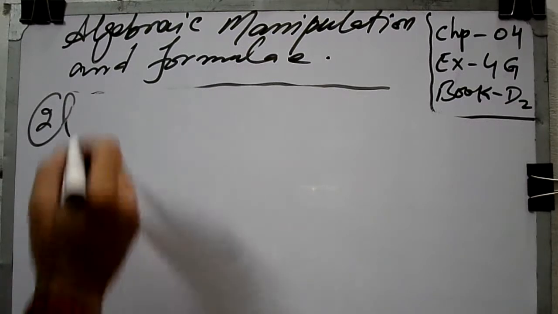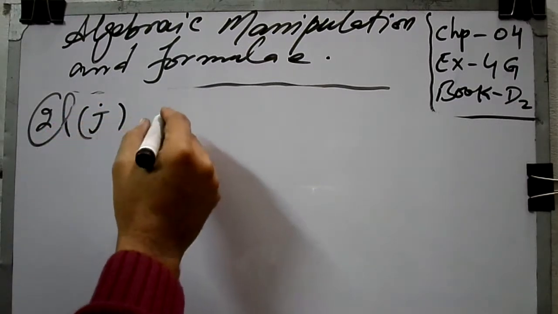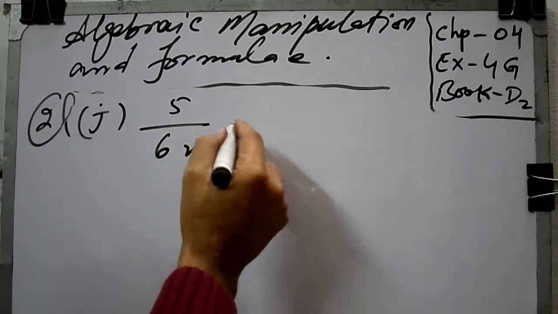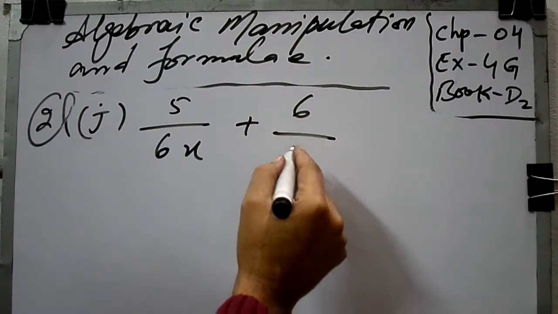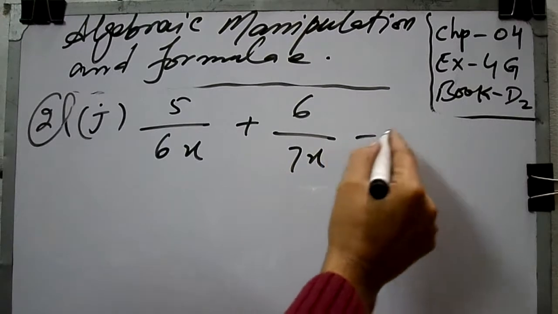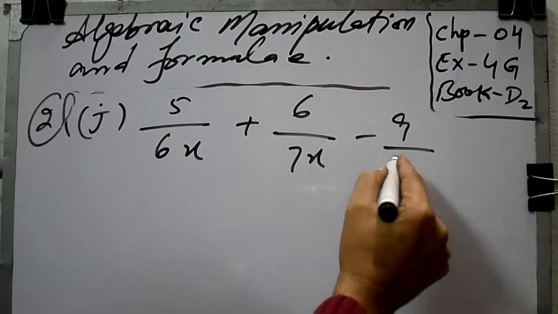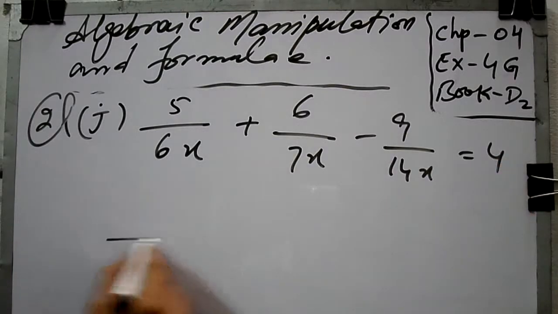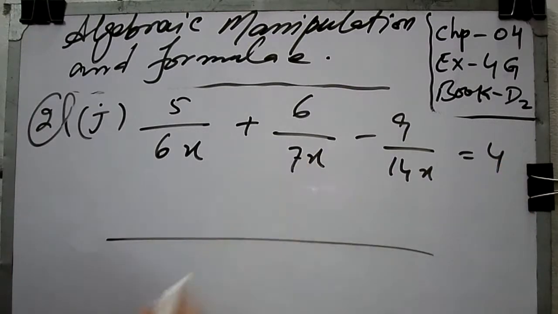That is your J part. That is 5 by 6x plus 6 by 7x minus 9 by 14x is equal to 4. So taking LCM, that is 6, 7 and 14.